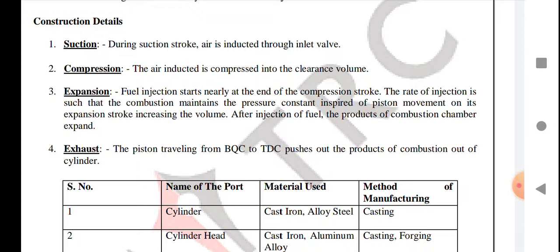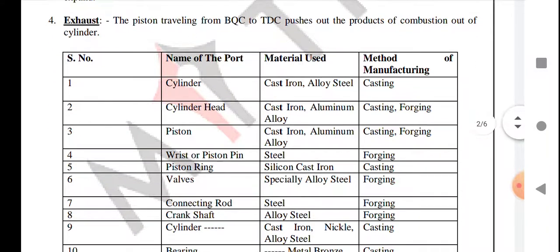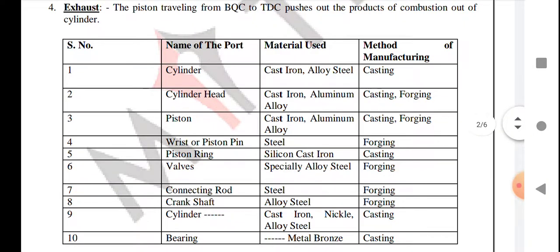The rate of injection is such that the combustion maintains constant pressure in spite of the piston movement on its expansion stroke increasing the volume. After injection of the fuel, the products of combustion expand. Exhaust: the piston travels from bottom dead center to top dead center and pushes the products of combustion out of the cylinder.